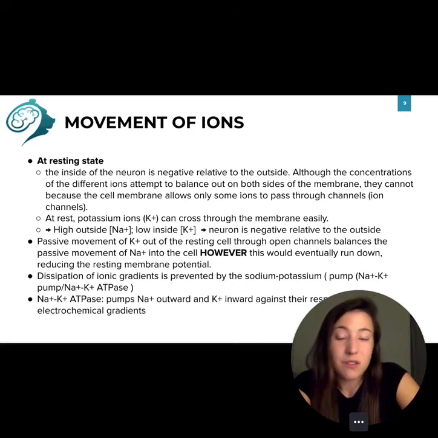So just putting that into different words, passive movement of potassium out of the resting cell through ion channels balances the passive movement of sodium into the cell, because it's more difficult for sodium to move into the cell.